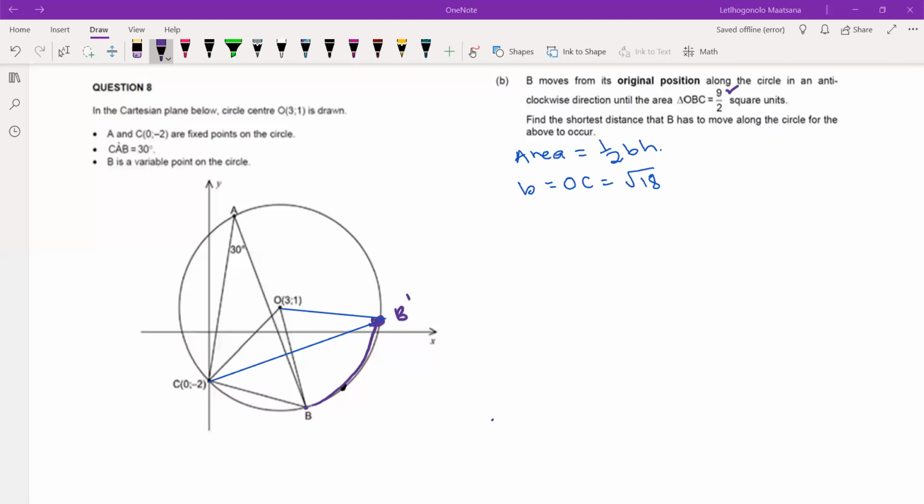Then, if this is our base, we are looking for a perpendicular height.